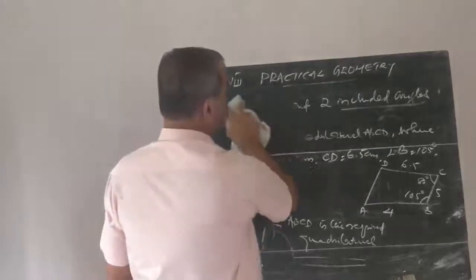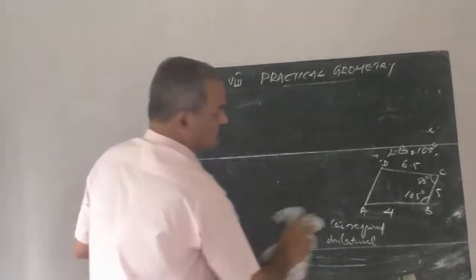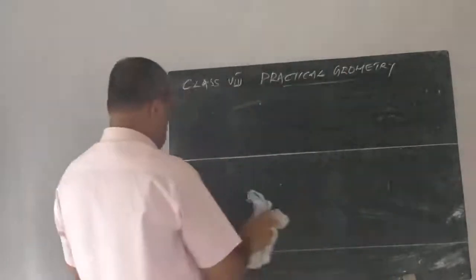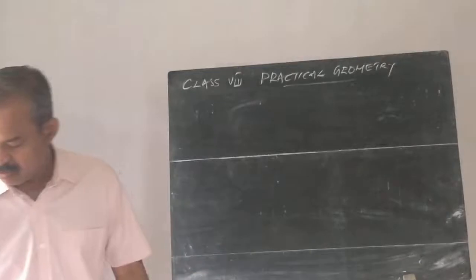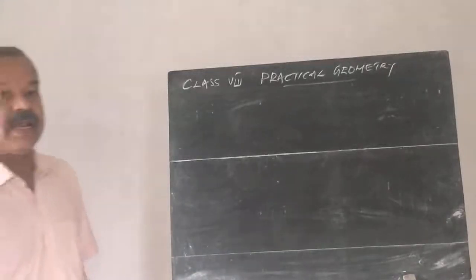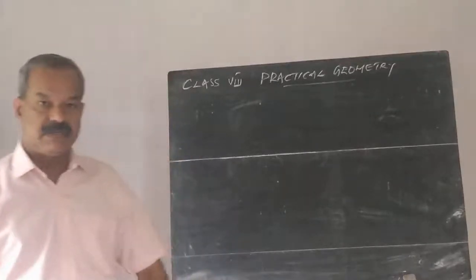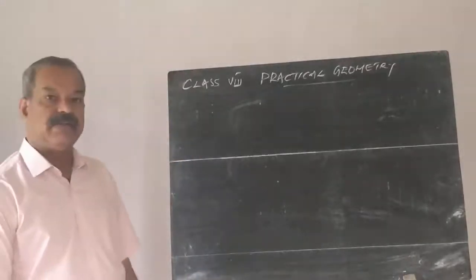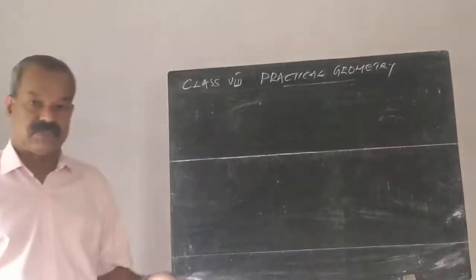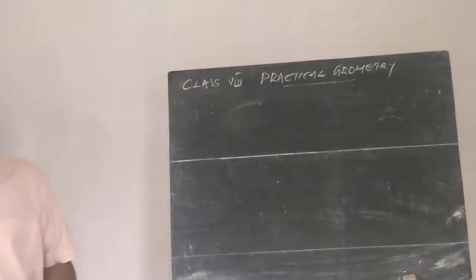These are the cases. Now, let us consider some special quadrilaterals. A square is a special quadrilateral. Why? All its sides are equal, all its angles are also equal. Then a rectangle is also a special quadrilateral. Opposite sides are parallel and equal, and all the angles are equal. Rhombus, all the sides are equal, diagonals are perpendicular bisectors of each other.